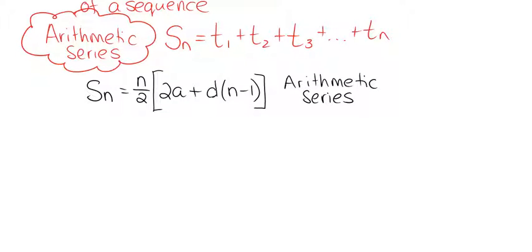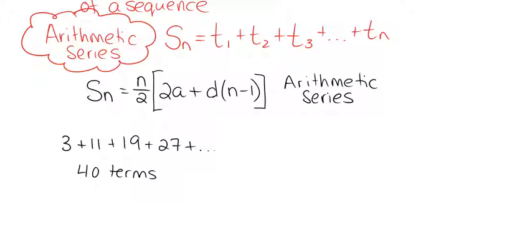For example, say I had this sequence: 3, 11, 19, 27. You can see these are going up by 8 each time, so this is our arithmetic sequence. We're going to add the terms together to make our arithmetic series, and I want to add the first 40 terms.